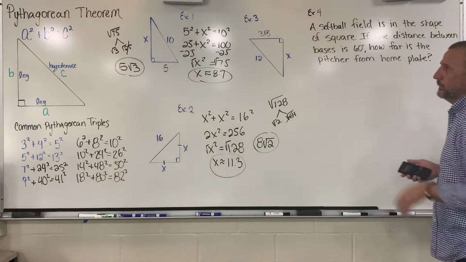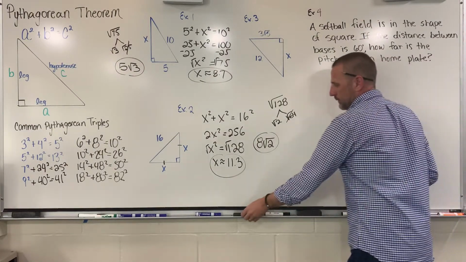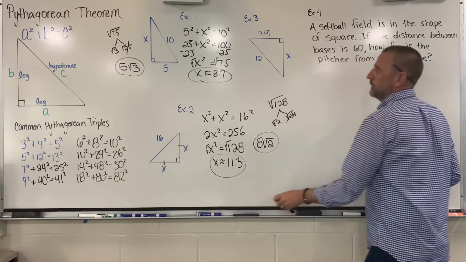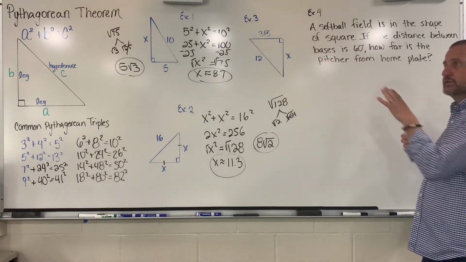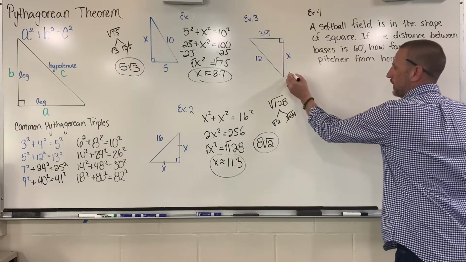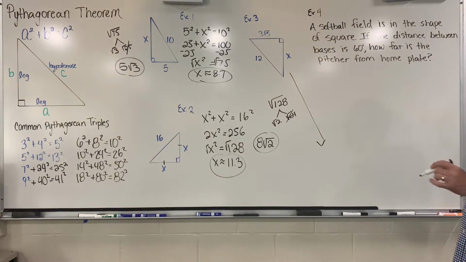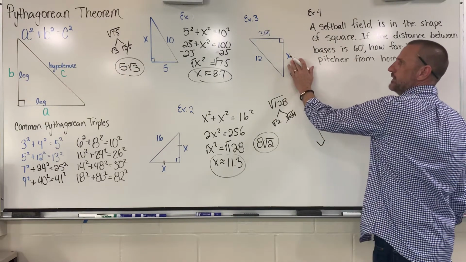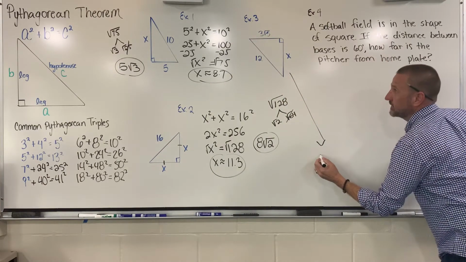All right, example number 3. I didn't leave myself much space, but I'm going to go over it because this is one that messes with a lot of people. They see that radical and they get a little intimidated. So I want to use the same formula and show how I'm going to do this. I'm going to have to write my work over here. If I want to solve for x, this is going to be my a value because it's the horizontal, as I like to do.